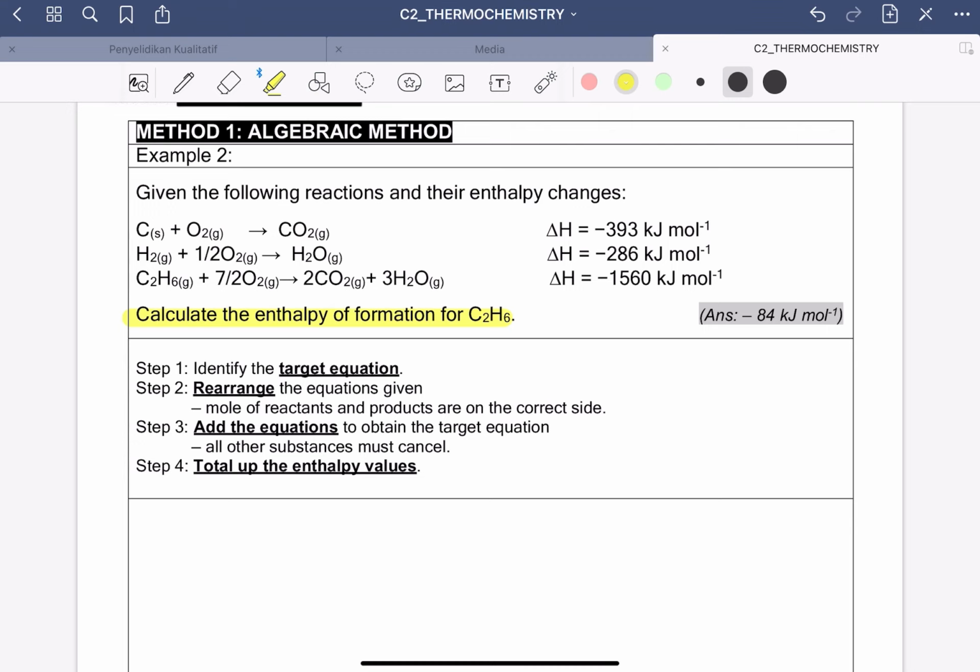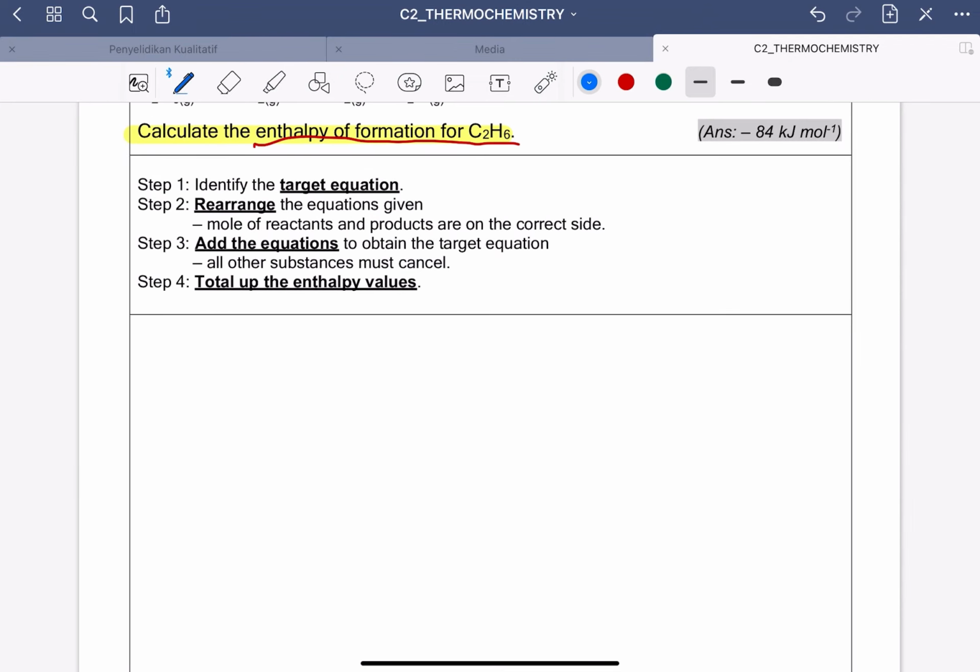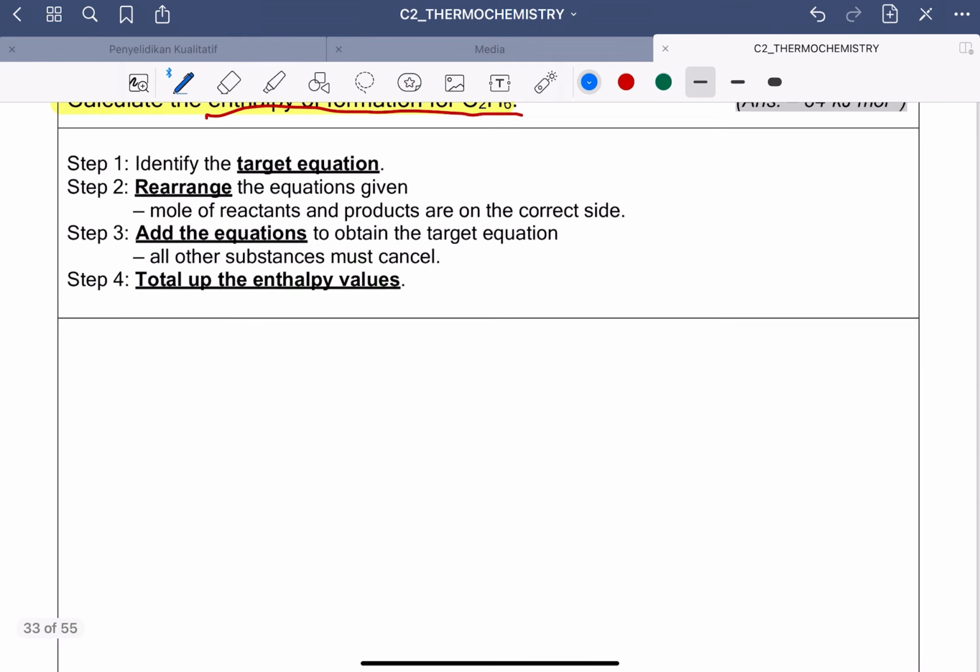Instead, we have to do it on our own. That is why I always emphasize the need to understand the definitions of the enthalpy. So when you see the enthalpy of formation for C2H6, our target here is the formation of ethane.